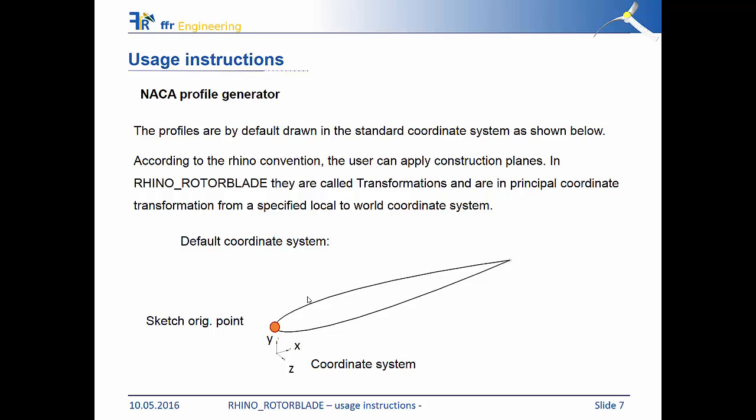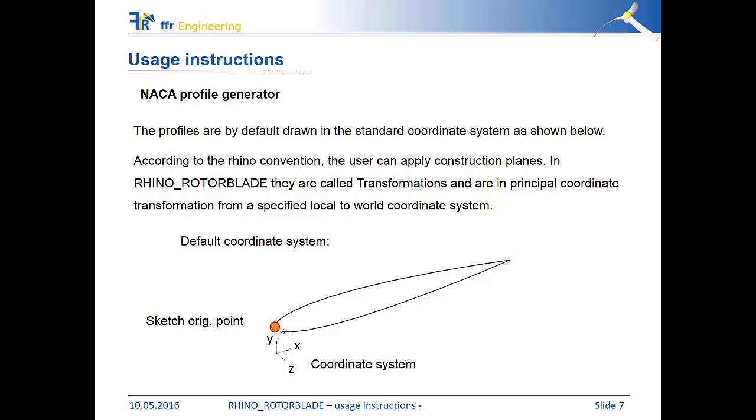What we do is that we give a basic local coordinate system to the airfoils, and you can change that. We call this a transformation, so you can apply a custom transformation if you want to have this airfoil in a different location in space, but you have to actively do that. If you don't, you have a default coordinate system where this will be drawn, and everything will be with respect to this sketch origin point or the tip point of the airfoil.